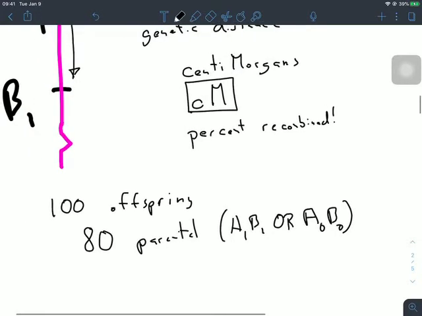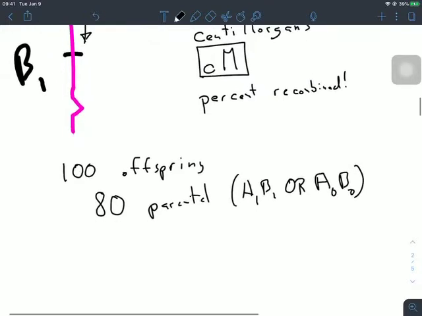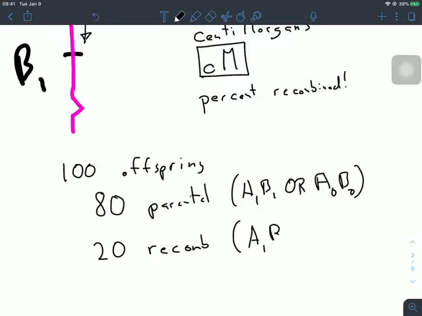Those are our two parental types. And that would leave 20 as our recombinant types, meaning that they are either A1, B0 or A0, B1.